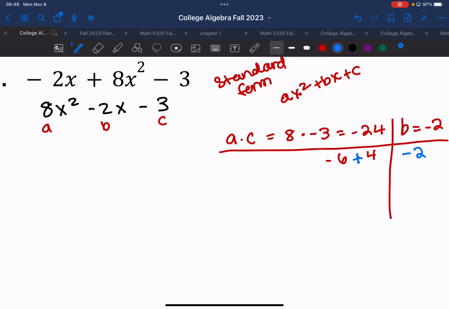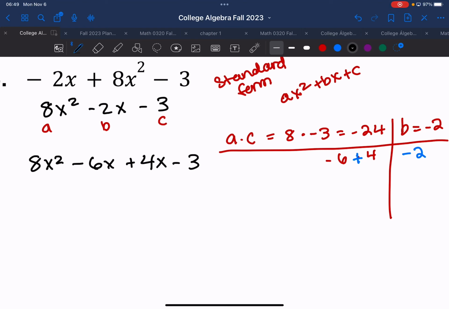So that means instead of writing that negative 2x for our b value, we're going to be writing what? Negative 6x and 4x. So 8x squared minus 6x plus 4x minus 3.